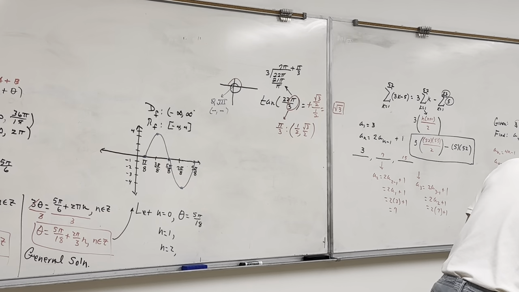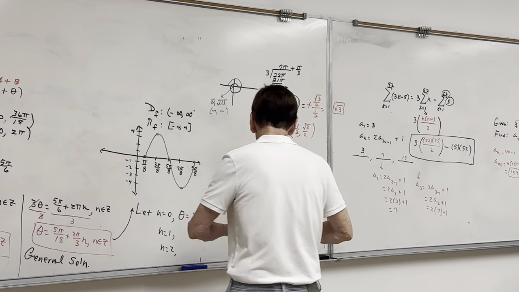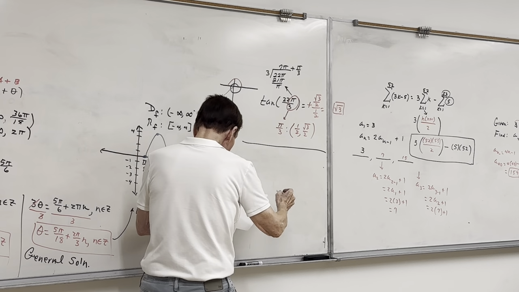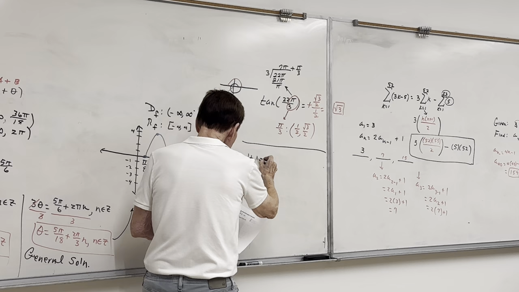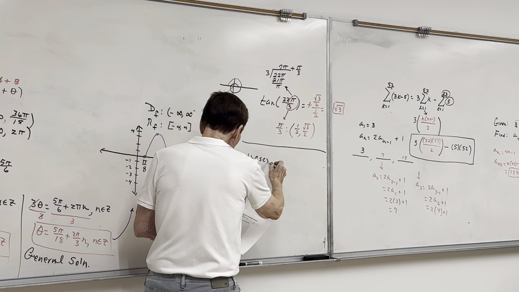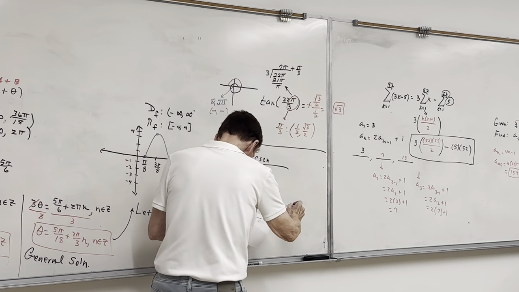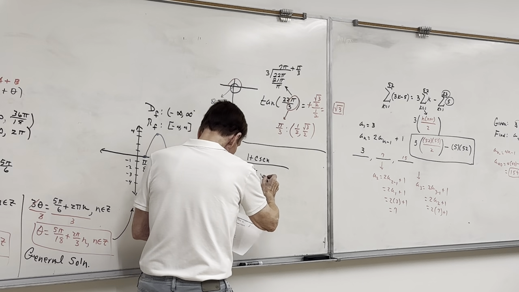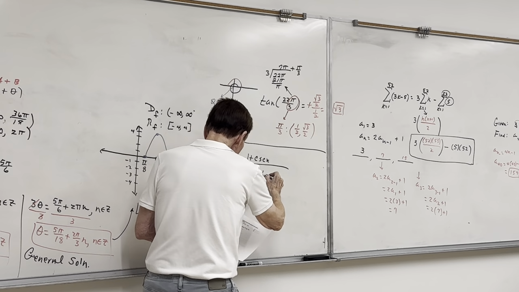The next one says simplify this expression. Here goes. You got 1 plus cosecant x over cosine x plus cotangent x.